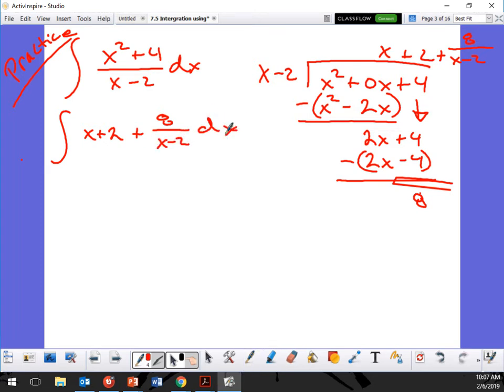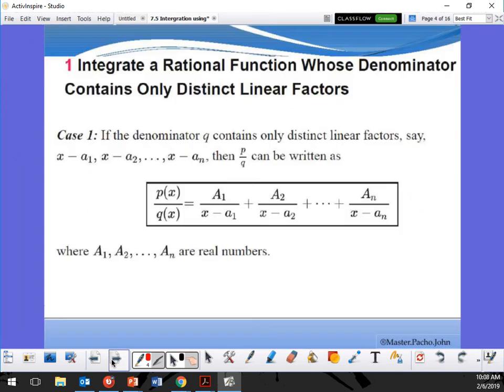From here it's going to be x squared over 2 plus 2x plus 8 ln absolute value of x minus 2 plus c. Are we okay? Yes. Okay, good. All right, so let's go back to right here.